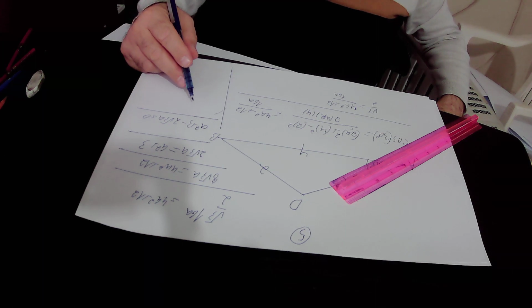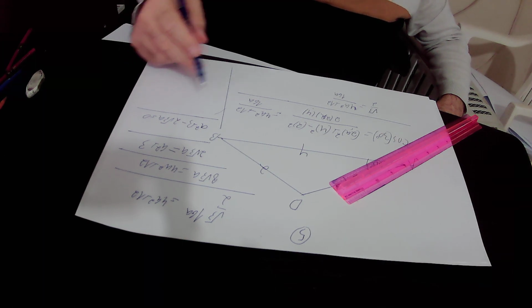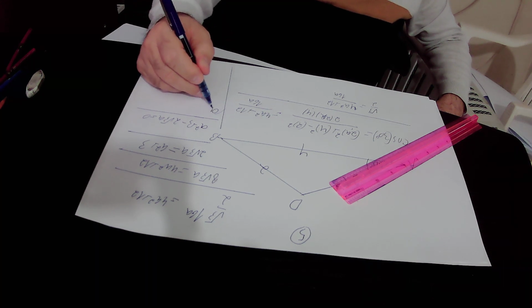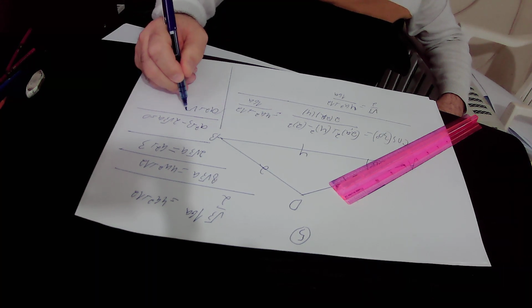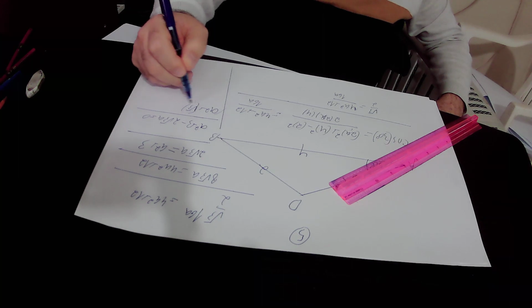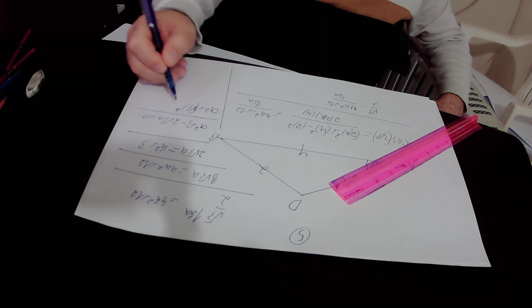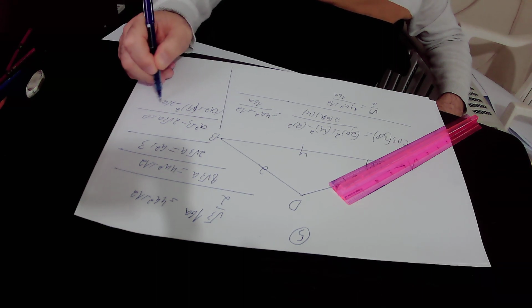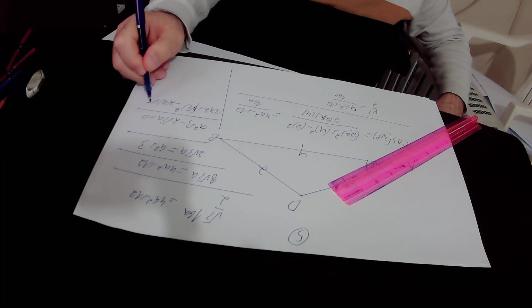Here we will substitute 3 by square root of 3 squared and we will get that a square plus square root of 3 square, that is actually 3, minus 2 times a times square root of 3 equals 0.